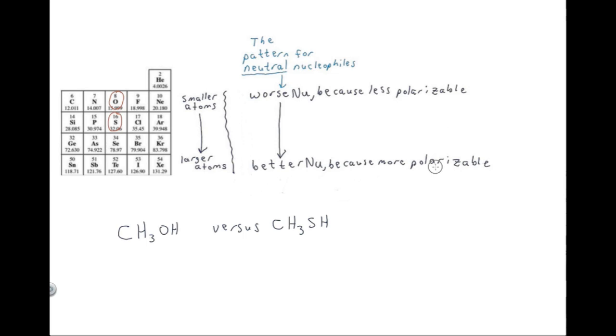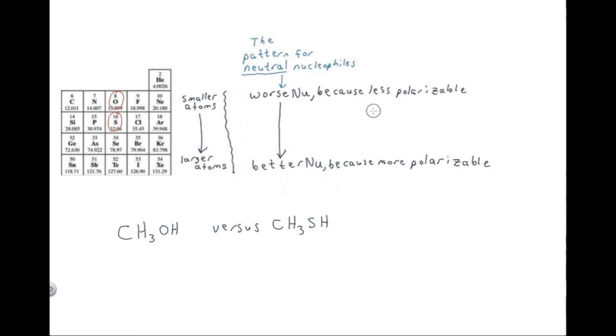What I have here on the screen will usually be enough information to get problems right that involve comparing neutral nucleophiles. So this information would be enough for most professors for most courses to get full credit for questions that are asking about neutral nucleophiles.